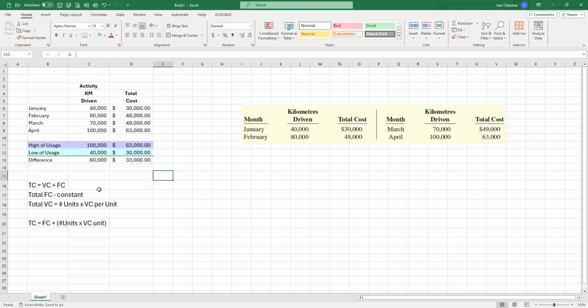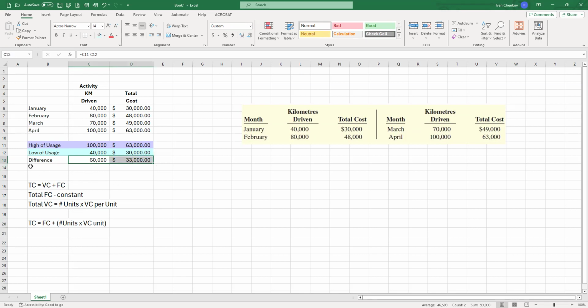Now the question is, once I have the difference in cost and the difference in kilometers, and I know the only thing that drives the cost here is the number of units, how much for those two levels is my variable cost.